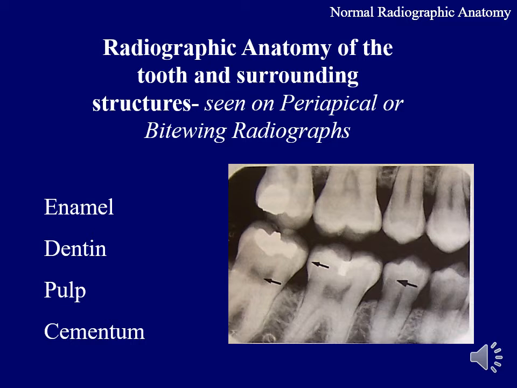The dentin is 75% mineralized, which is less radio opaque, or less white, than enamel, but the density of dentin is equivalent to the density of bone. That is, the dentin and bone appear similar.